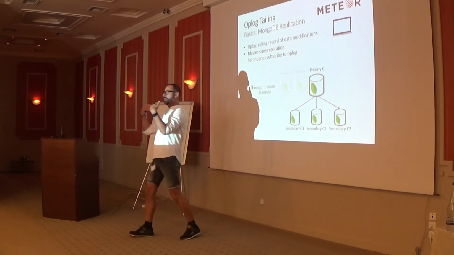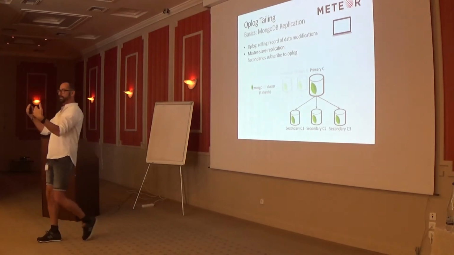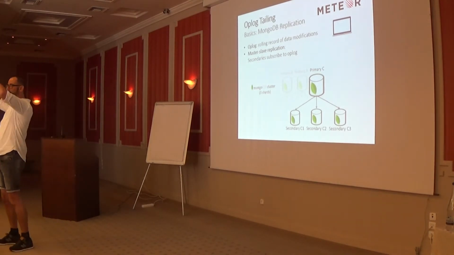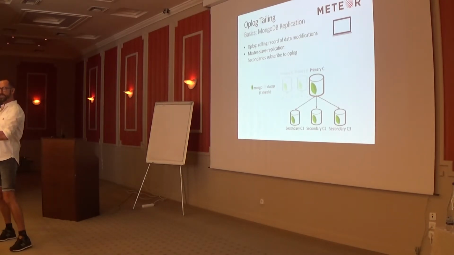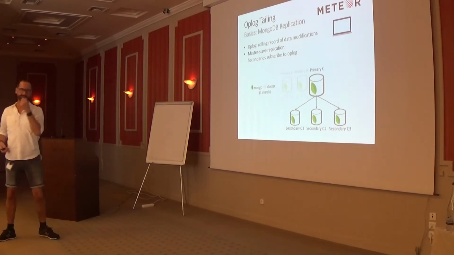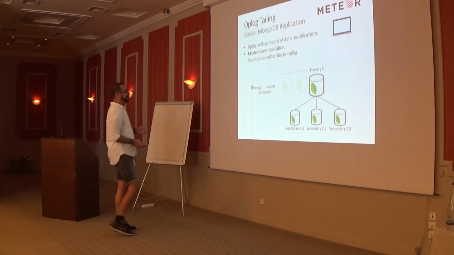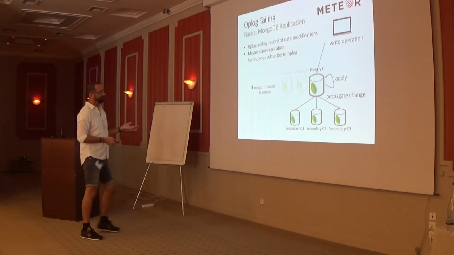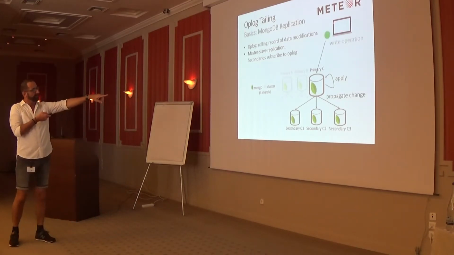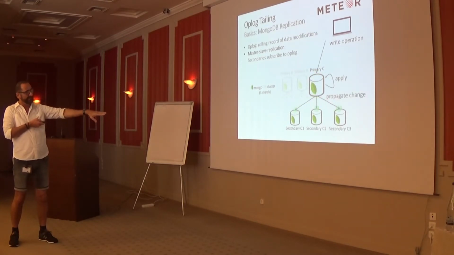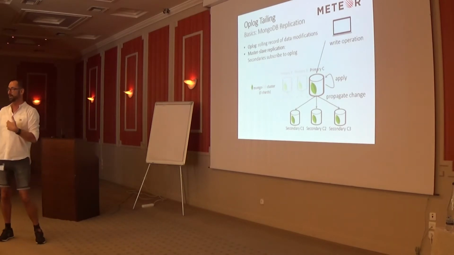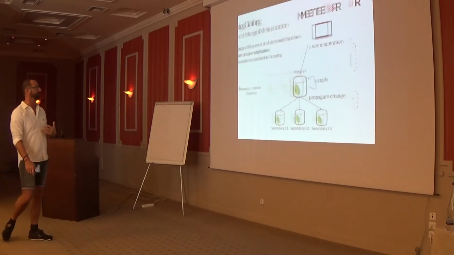So they have an oplog, the operational log, and from time to time they push the operational log to the secondaries, and they can replay things in order to make the replicas consistent. This is how it works. So if a write comes in, it is applied in the master, and then it is propagated to the secondaries by broadcasting the oplog to the secondaries.